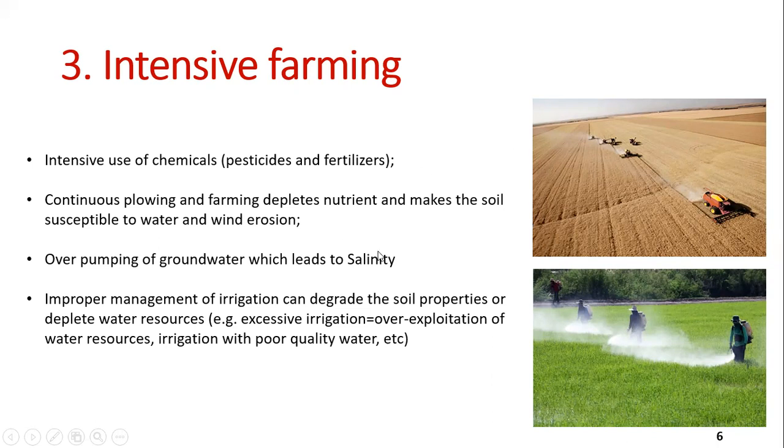In some areas, particularly the coastal sites, people need more water, and therefore they overpump the groundwater, which can lead to salinization of the groundwater due to seawater intrusion. Improper management of irrigation, for example excessive irrigation, can lead to overexploitation of the water resources.